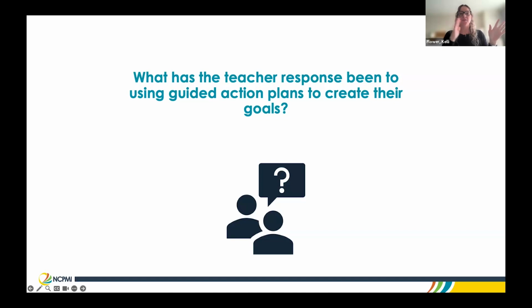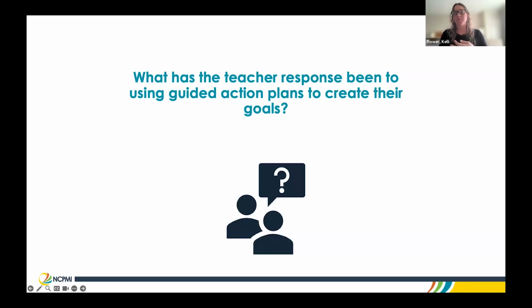And then the very next year is when the GAPs were created. And I got to coach some of those same teachers that second year. And I will say that the teachers were very excited when I showed them the guided action plans, because it did not feel so daunting.